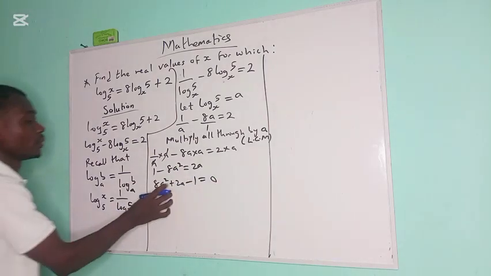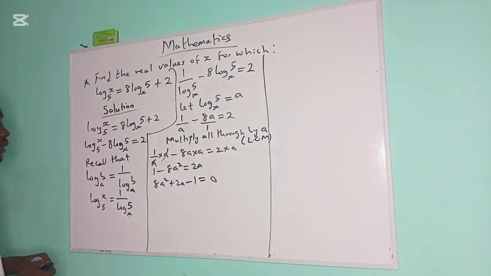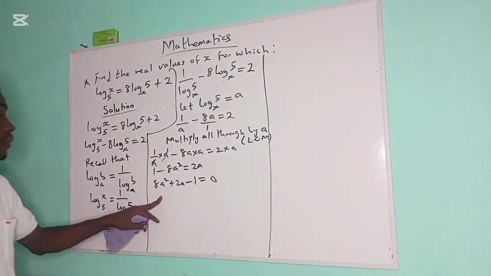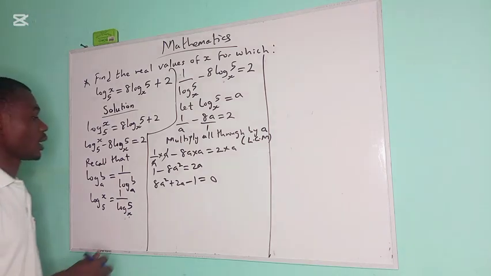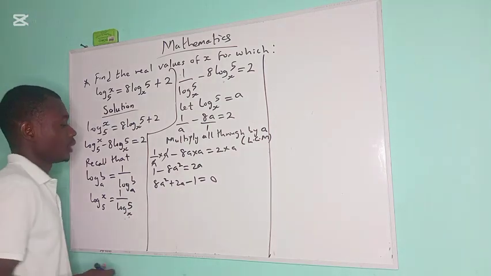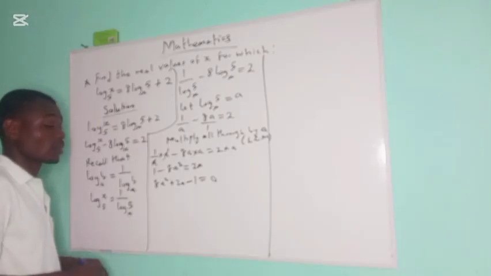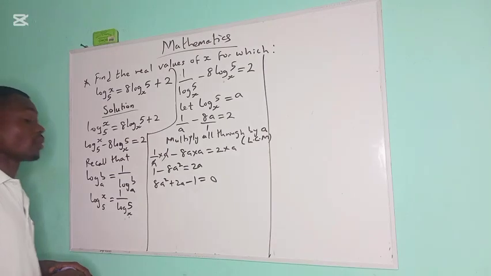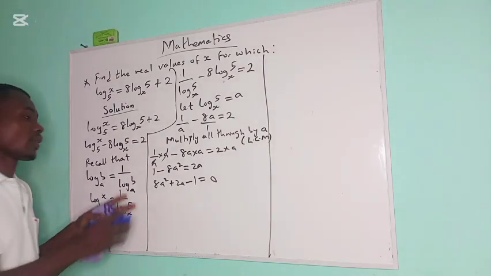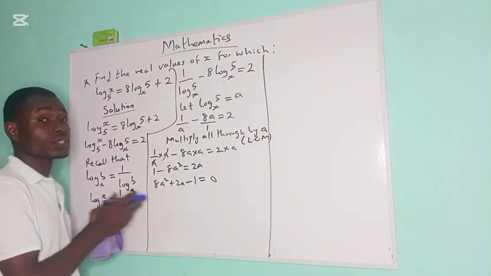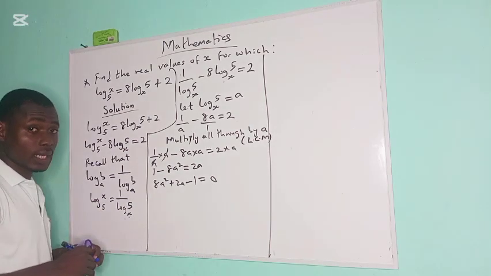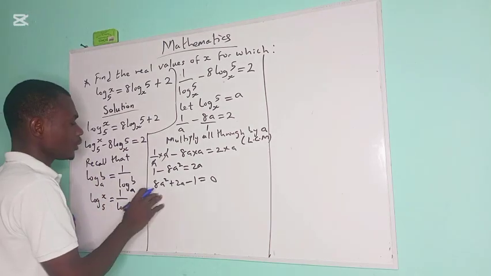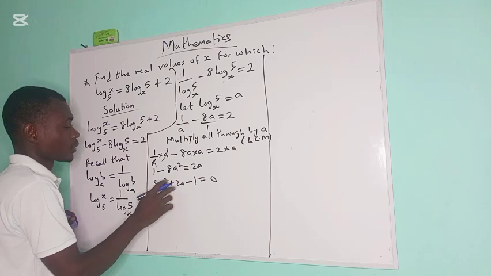So it has become a quadratic equation, right? Now, what are we going to do? We can apply the factorization method, formula method, or completing the square method. But if it is factorizable, let's use the factorization method for time's sake. So this is 8a squared plus 2a minus 1.